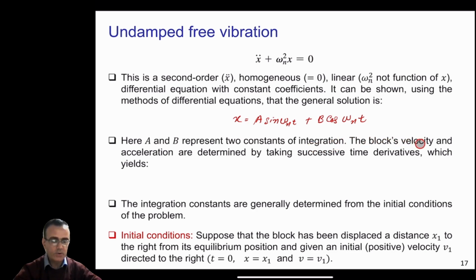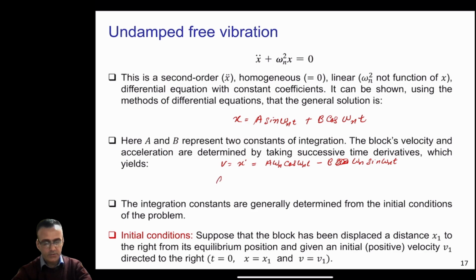Now we want to calculate these a and b, but we also want to calculate the velocity and acceleration, which you can determine by differentiating this equation with respect to time. So we get x dot, which becomes a omega n cos omega nt minus b omega n sine omega nt.